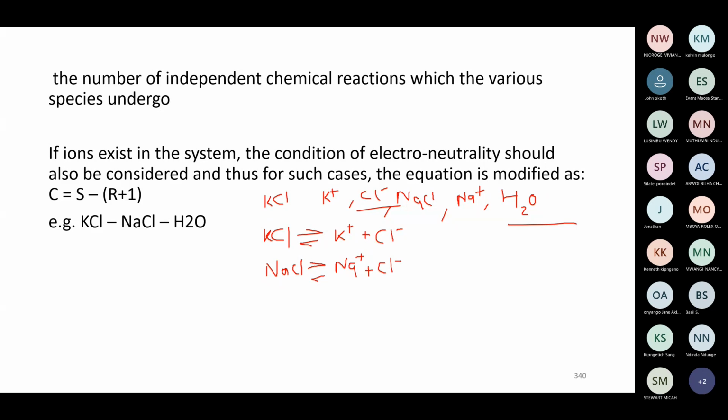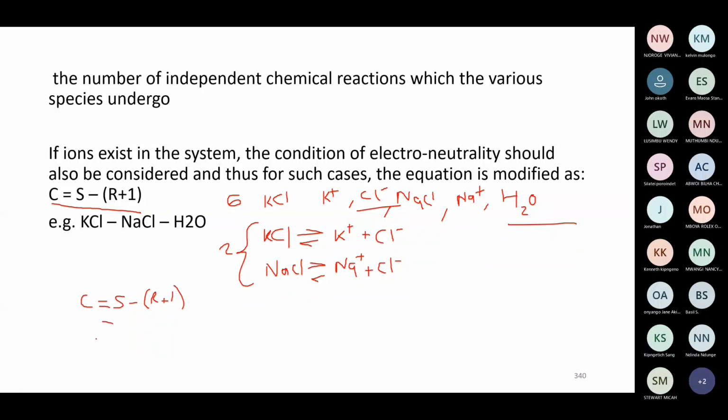So we have 6 species, and then we have 2 independent reactions. Therefore, for this expression here, C equals S minus R plus 1.